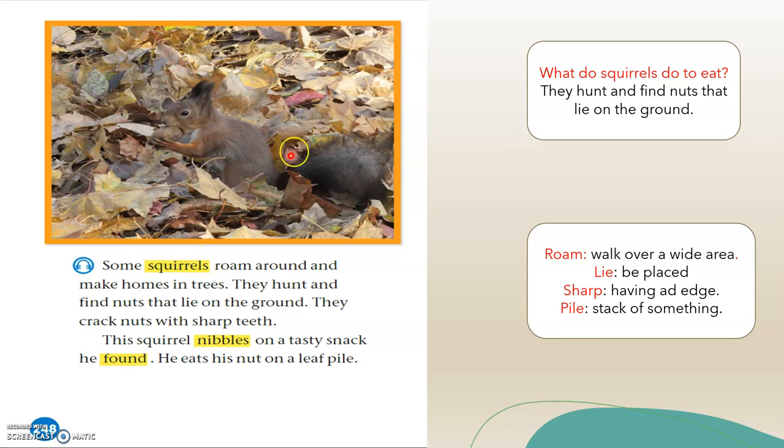So, let's take a look at this picture. In this picture, kids, we can see the squirrel. The squirrel is searching between the leaves for nuts to eat, right? They tell us some squirrels roam around, they walk over a very big area, and they make their homes in trees, in very large and high trees.